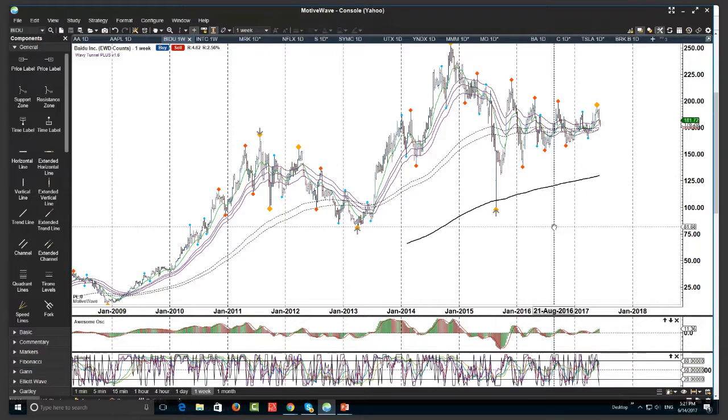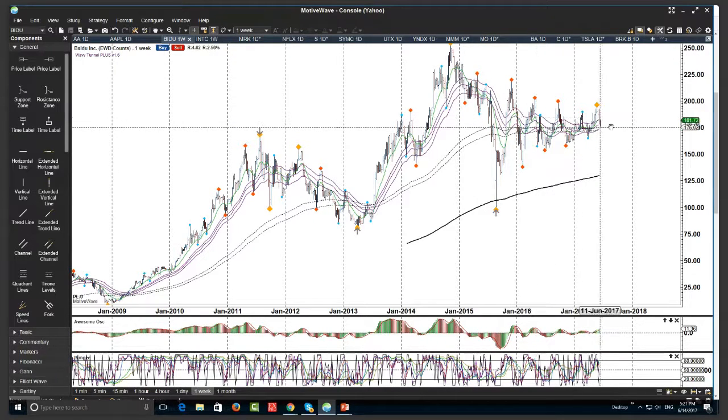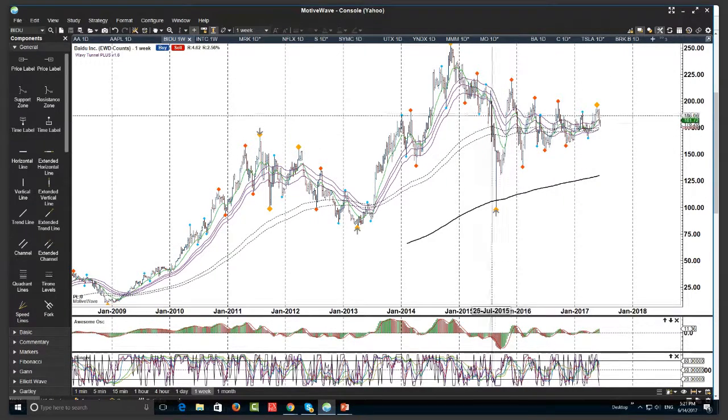I had to put up the weekly and scrunch it together because we have been in some healthy sideways correction for a pretty long time here. The market has gone sideways. And this is very interesting because one of the Elliott wave corrective patterns is a triangle, and a triangle can be in a wave 4 as well.